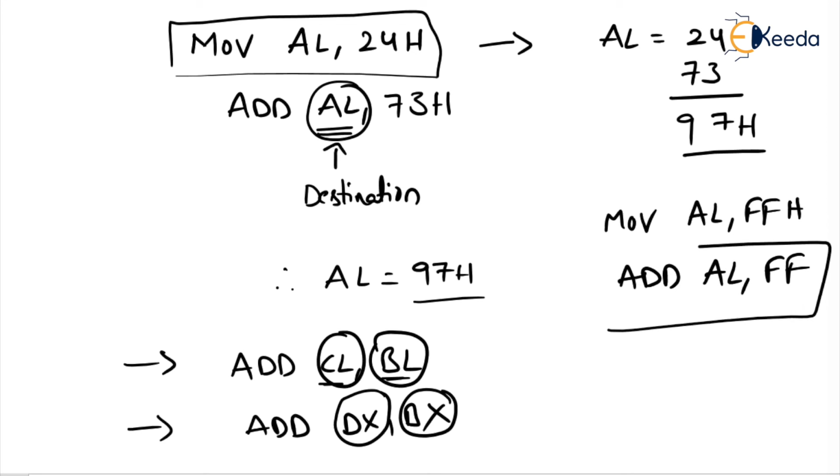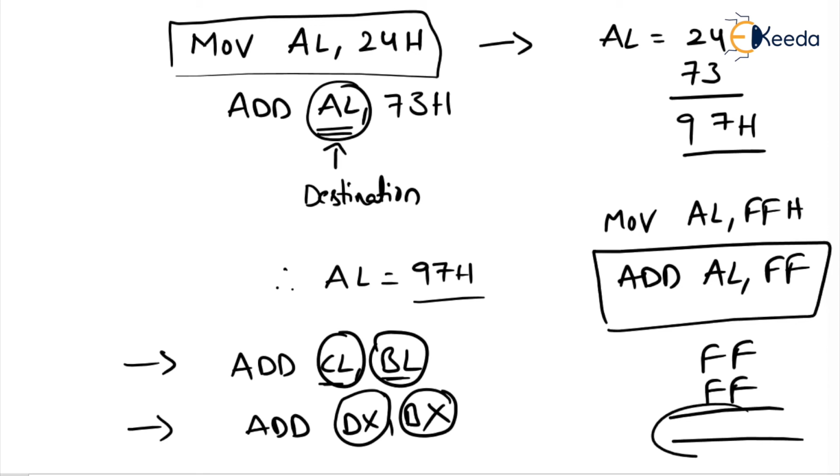Will it be okay? No. Because when you add FF with FF, the result will not fit in an 8-bit register. So under this condition, you have to use a 16-bit register.